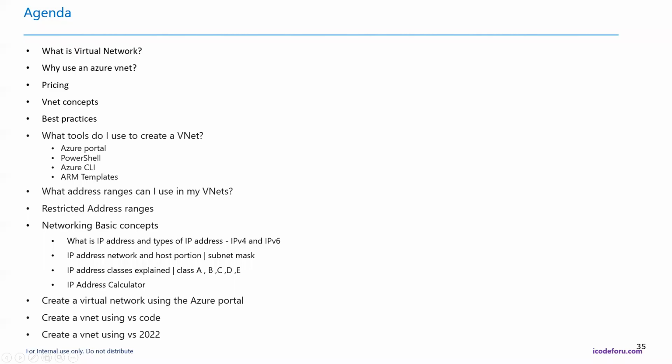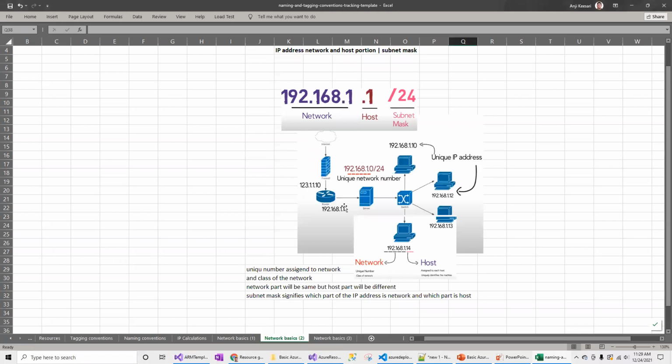The next topic: let's try to understand the network and host portions of the IP address, and also the subnet. There is another document on this to understand the network part and the host part. When it comes to the IP address, you will see an IP address something like this: 192.168.1.1. This is a 32-bit IP address, divided into 4 segments, and it will have 2 parts. One is the network ID and the second one is the host ID.